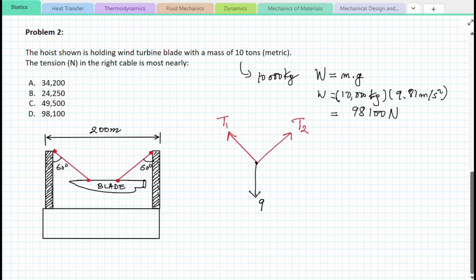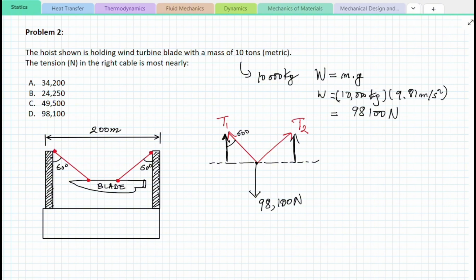So we know that we'll have 98,100 Newton here. So we have 60 degrees here, and recall that in a triangle the summation of all the angles should be equal to 180 degrees.